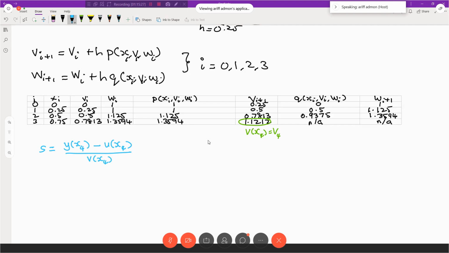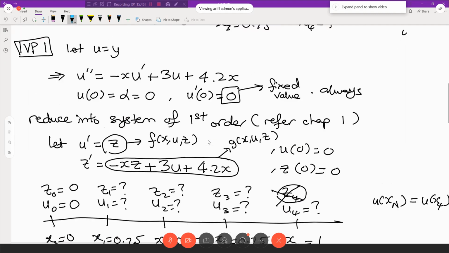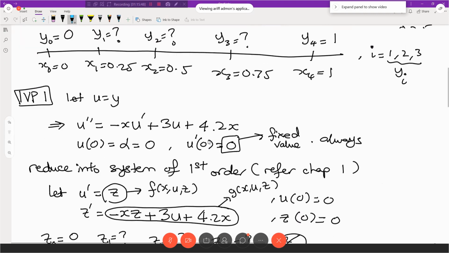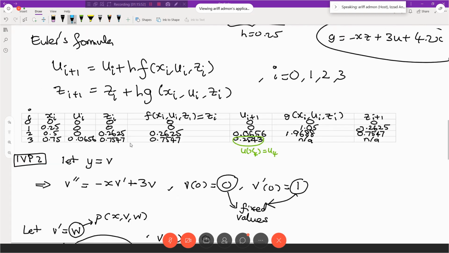So y x4 basically is from your boundary condition, your original BVP, the second boundary condition, which is beta. What is the value of beta? Okay, beta is 1. So substitute 1.